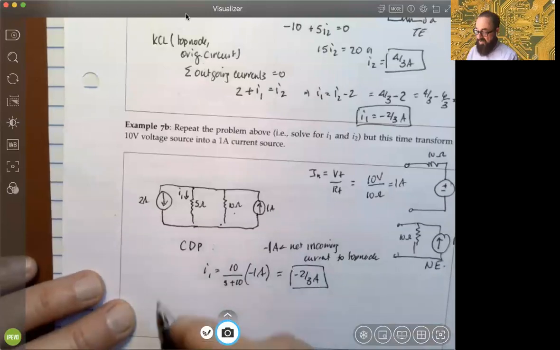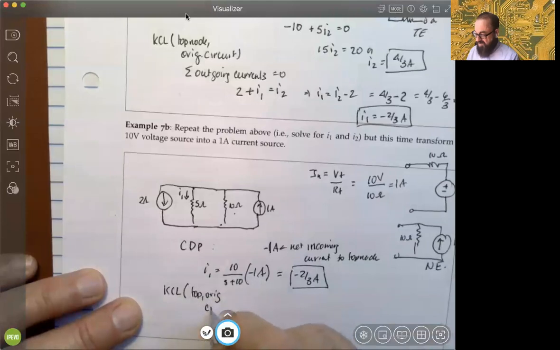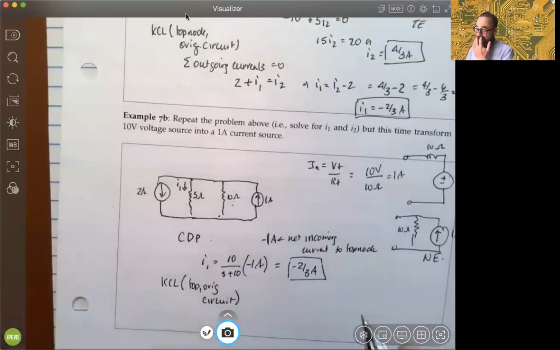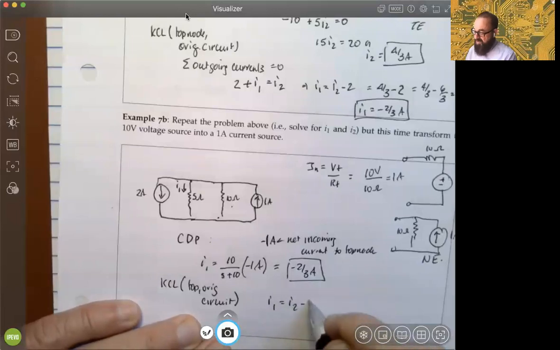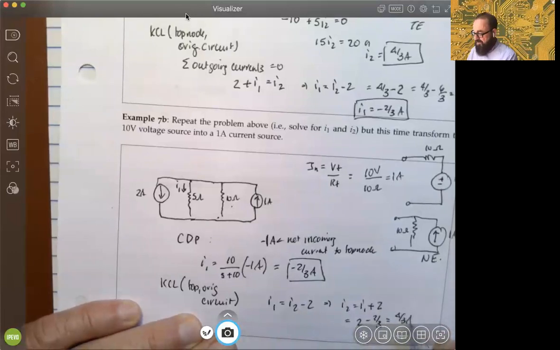And then doing KCL again at the top node in the original circuit, which we already know, the relationship is that I1 has to be I2 - 2, or in this case, I2 has to be I1 + 2. In this case, it's 2 - 2/3, which is 4/3 amps.